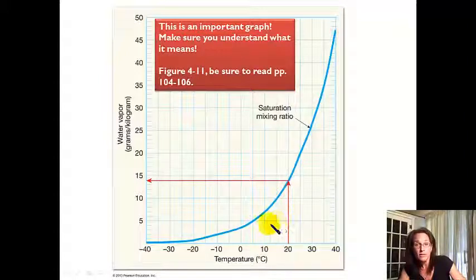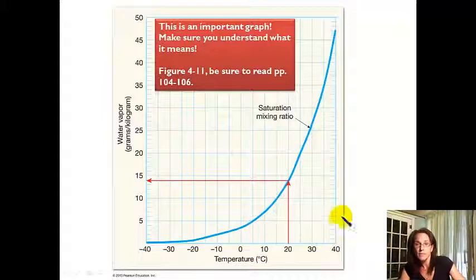We're just cooling the temperature. So we have to cool it down to a temperature of 5 degrees Celsius to reach its dew point. And that is the dew point temperature for an air mass that has a mixing ratio of 5 grams per kilogram. So it's the temperature that we need to cool the air mass to reach saturation.